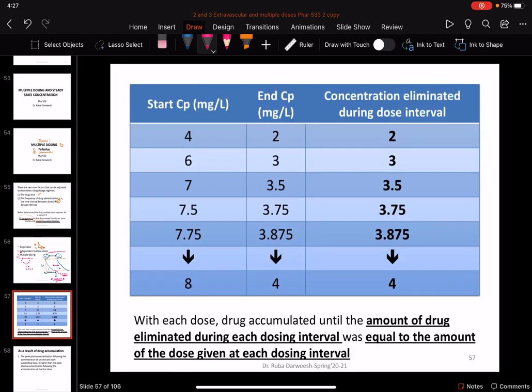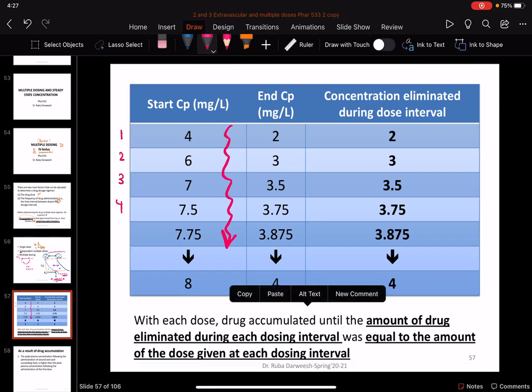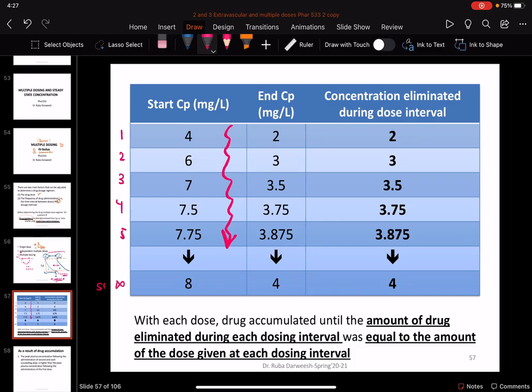Okay, and this is one of the examples I mentioned, in which the initial concentration for each dose, if we consider this as our first dose, second, third, and let's say this is infinity or steady state.